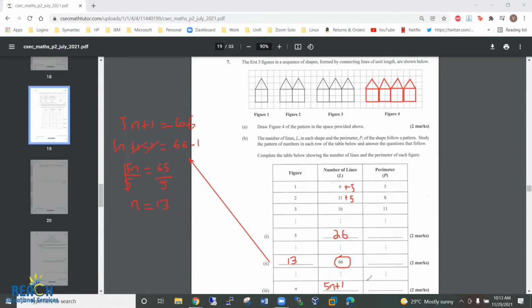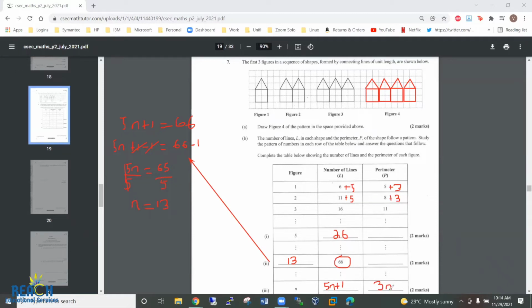Now we continue to find the general form for the perimeter. Again, there is a pattern. What do you do to 5 to make it 8? We add 3. What do you do to 8 to make it 11? We add 3 again. So the common difference is 3, and we multiply it by n, the nth figure.